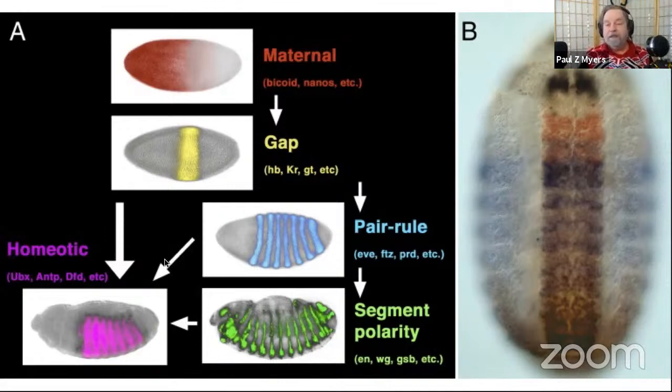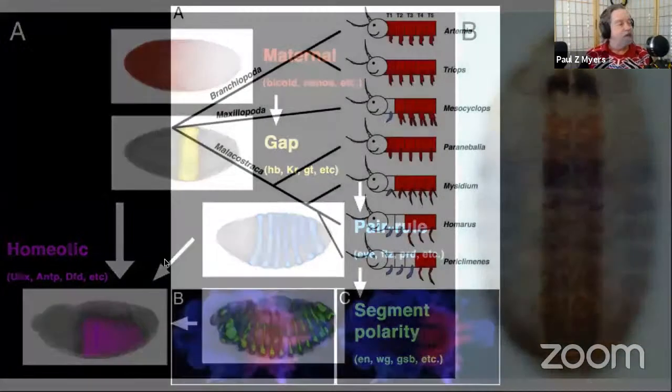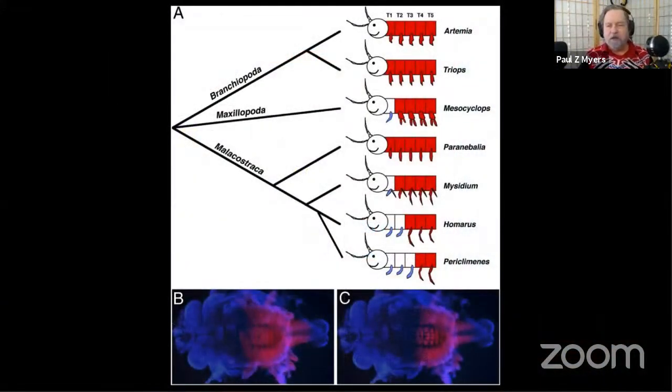The thing is, this is a really old hierarchy. Patel knows quite a bit about crustaceans, so he's writing about crustaceans here, and crustaceans have these same or similar genes with similar sorts of roles. What we're seeing here in red is the expression pattern for Ultrabithorax in a range of crustaceans.